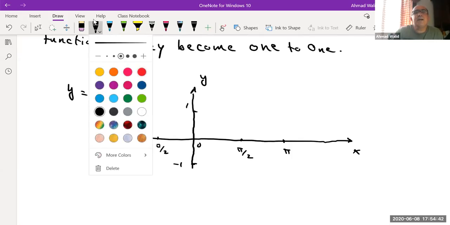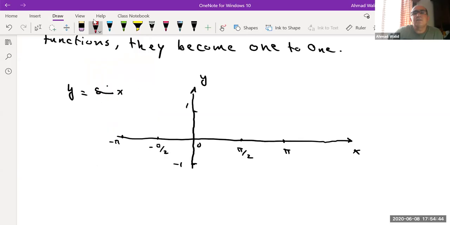The graph of sine starts from 0 and goes to pi over 2. At pi over 2, sine of pi over 2 is 1. It comes back to pi and goes down, and the rest, which I didn't draw, goes to negative pi over 2 and back.